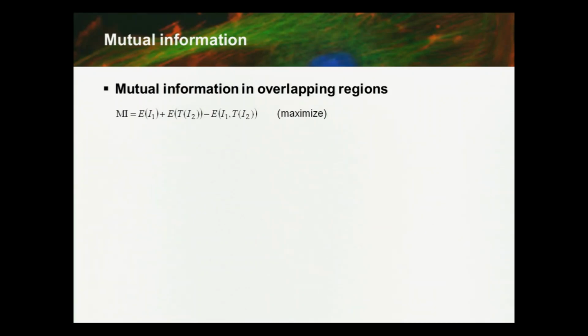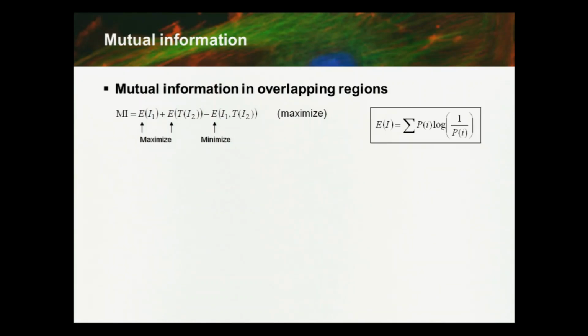So you only sum over the pixels that overlap in both images. Again, this measure is to be maximized. It contains the entropies of the individual images and minus the joint entropy. Now, if you want to maximize this measure, you can do this by maximizing these two terms, because they're plus, and obviously minimizing this third term, which is minus.